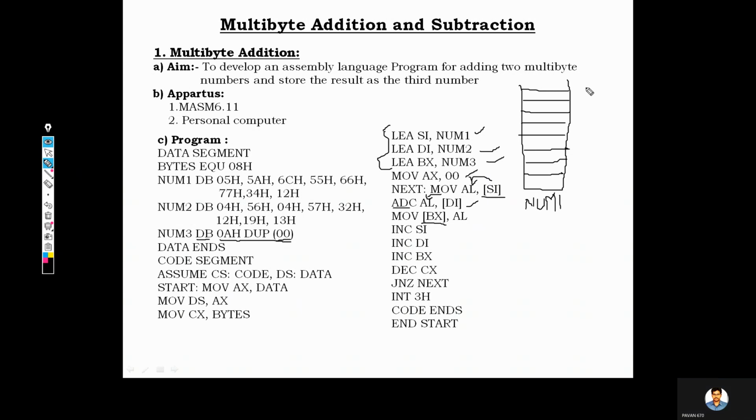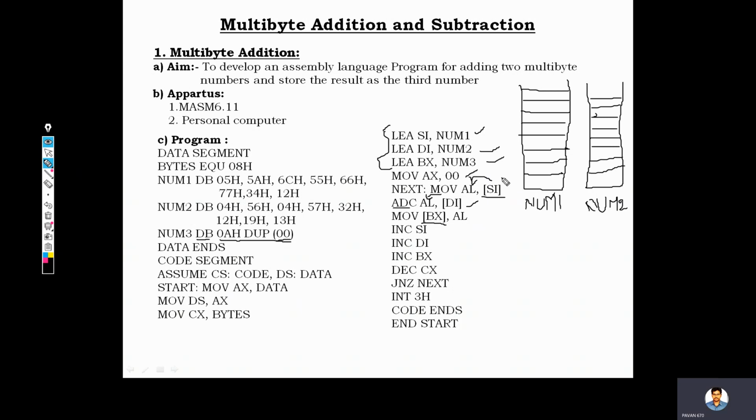This is num1, and this is another array called num2.